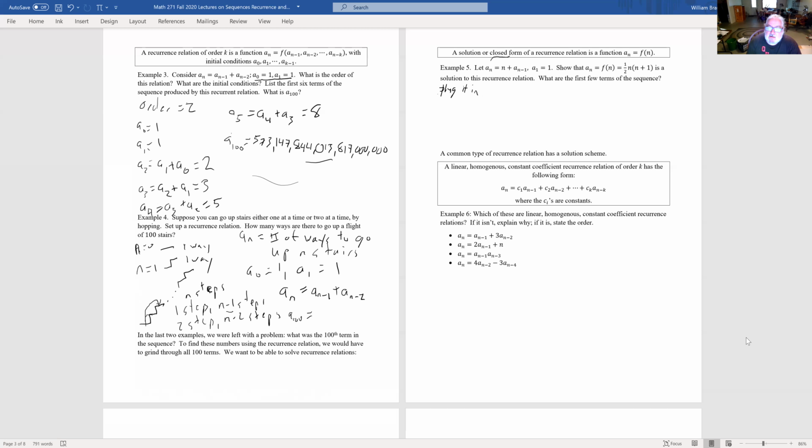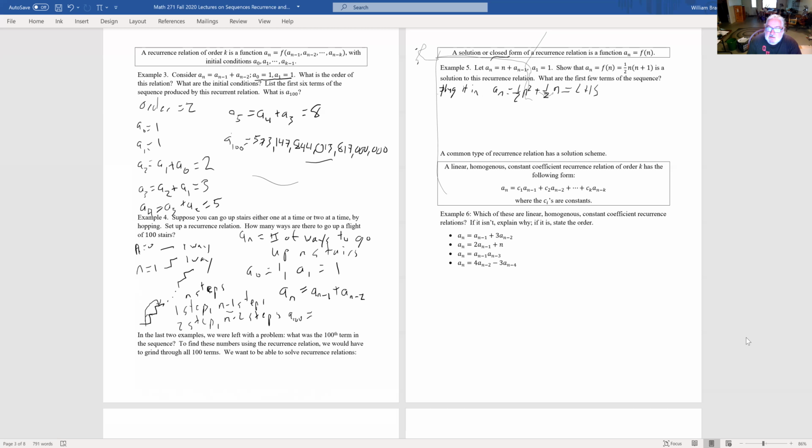So a_n, our possible solution, is 1/2 n squared plus 1/2 n. So that's what I get if I take a_n and multiply it out. That's my left-hand side. So we'll write a_n equals the left-hand side.